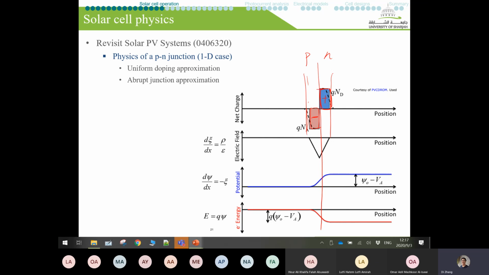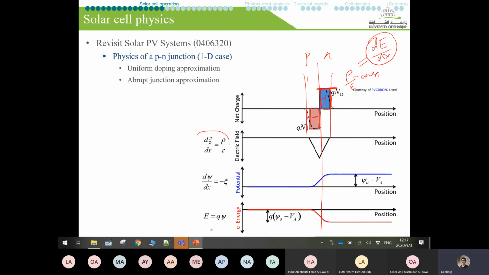And if we assume a constant space charge here, meaning that rho is a constant, then rho over permittivity will equal the electric field gradient. So your electric field will have the same slope in this region.